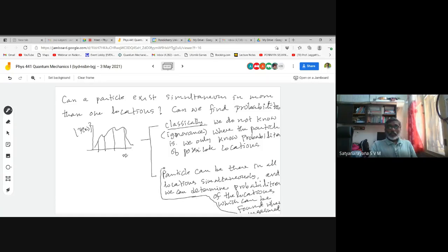Now, it is a little subtle point why we should assume that the particle is there in all locations.